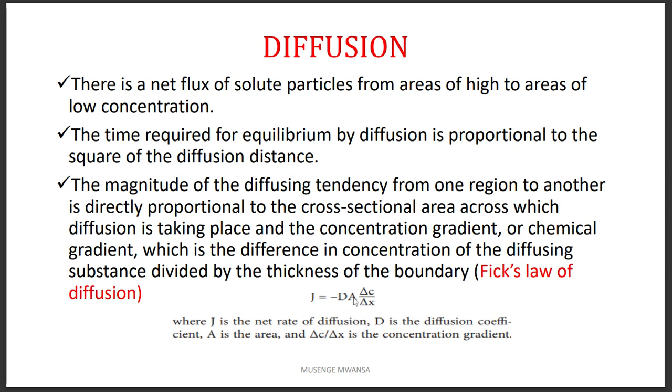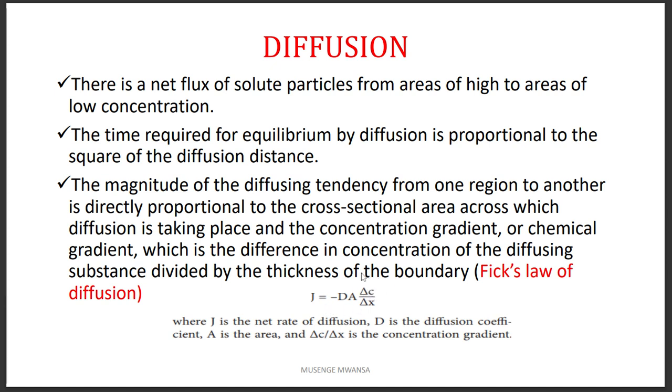And also we can see delta X. So when we divide delta C, which is a change, the difference in concentration, by the thickness, meaning that if something is very much thicker, the rate of diffusion is going to be slower from this equation.